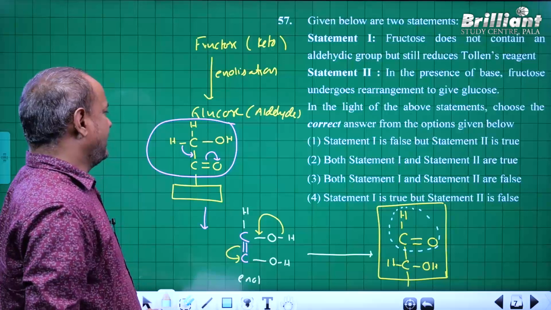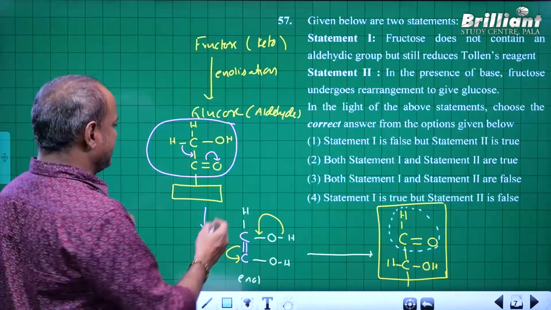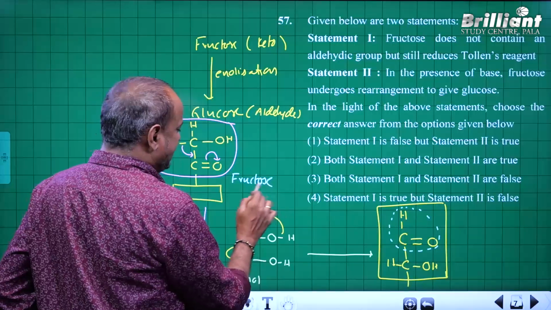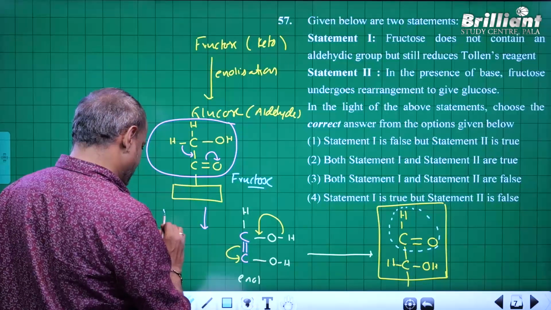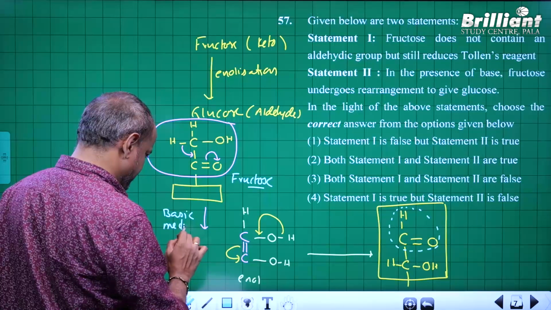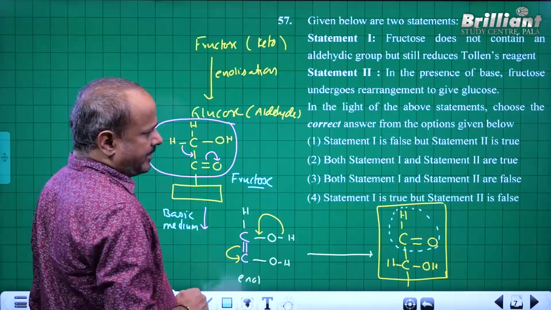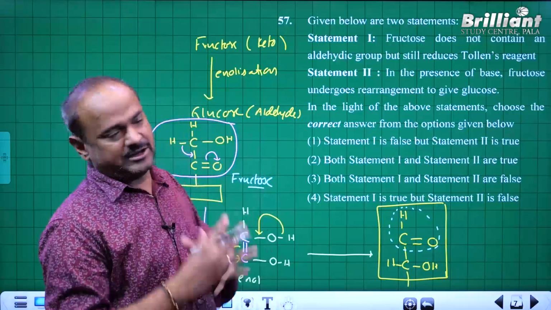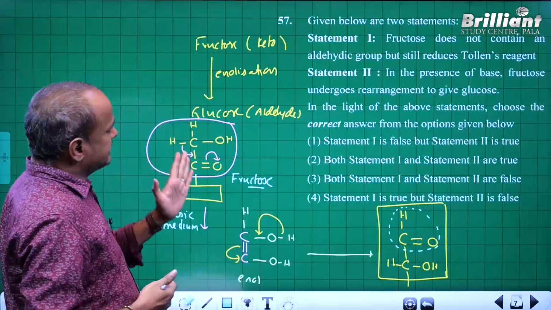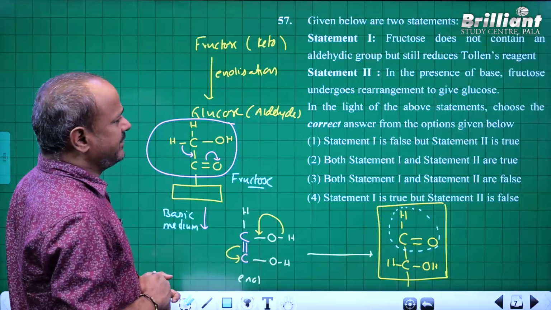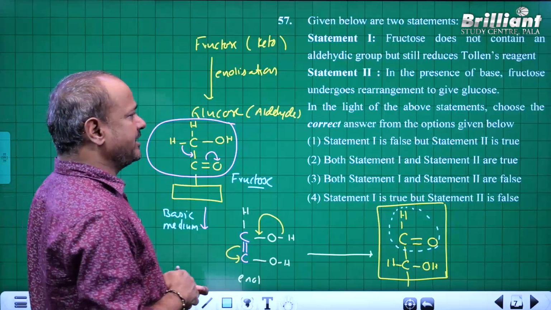So that is why fructose enolizes in the corresponding medium, which is the basic medium. It takes place in both acidic and basic media, but a sufficient amount of basic or acidic medium is essential for enolization.